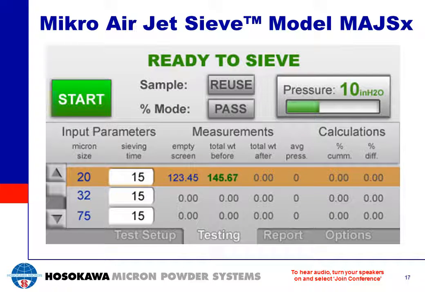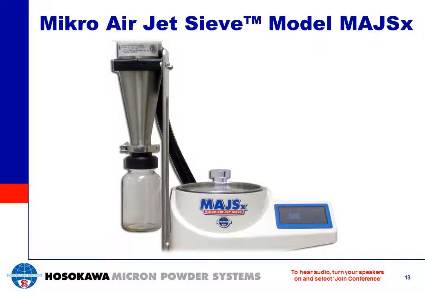The MAJSX is designed with an integrated analysis computer with touchscreen controls and user-friendly software with step-by-step instructions. The MAJSX can be operated in the basic or advanced mode, and it has the use of an optional high-efficiency cyclone that's seen here on your screen. This cyclone is used for a 98% product recovery of particle sizes 10 microns and higher.